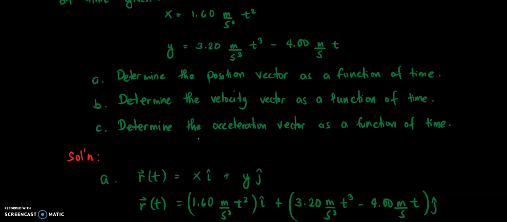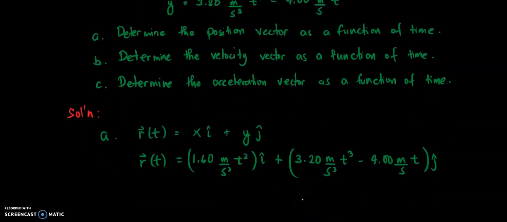Again, this position vector r of t is equal to 1.60 meter per second square t square i hat plus the quantity of 3.20 meter per second cube t cube minus 4.00 meter per second t j hat. This is the position vector as a function of time.